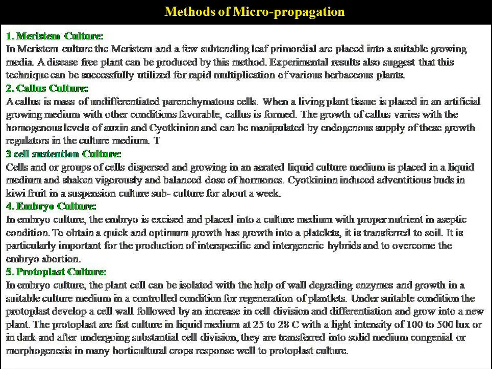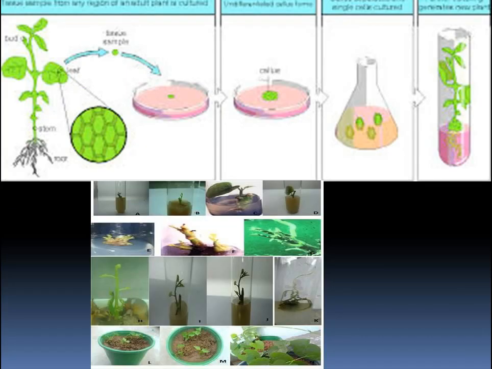There are different types: meristem culture, callus culture, cell suspension culture, embryo culture, protoplast culture, etc. Meristem culture is used for production of disease free plants.